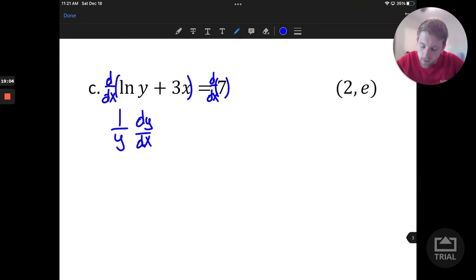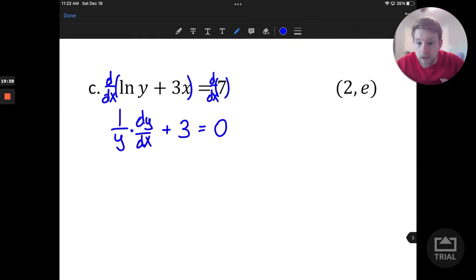So we have 1 over y times dy dx plus the derivative of 3x just becomes 3. We're taking the derivative with respect to x, so there's nothing to work with the chain rule. And then we'd have another constant 7, which becomes a 0 as its derivative.